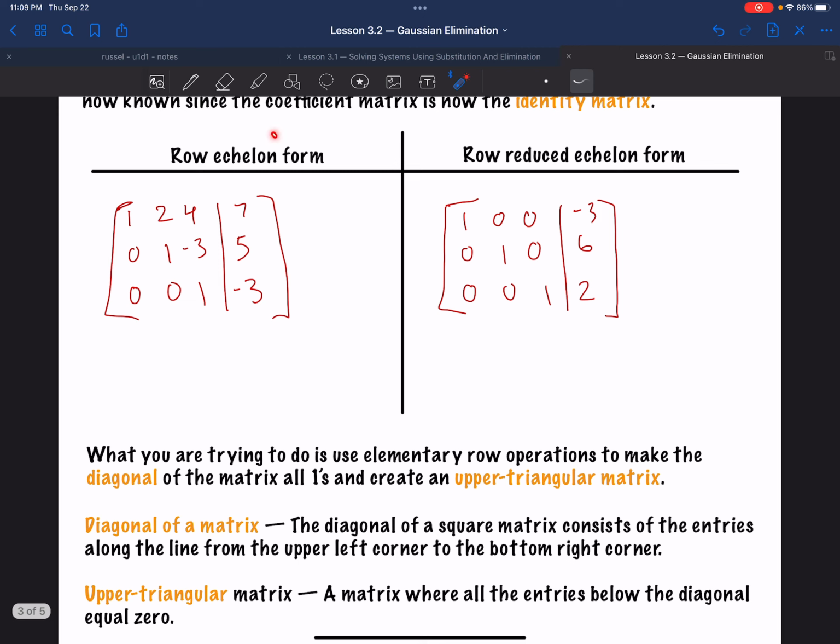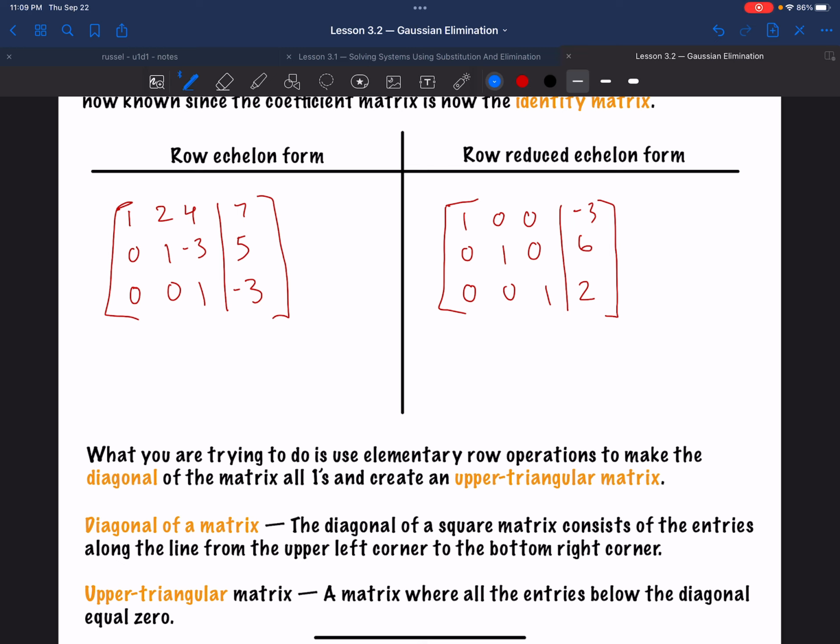If you do get it in row echelon form, just in case you're watching this, this is known as Gauss-Jordan elimination. I'm not going to keep that in my notes, but I wanted to write it out. If you stop here at row echelon form and use that to solve the matrix, that is known as the Gauss-Jordan method.